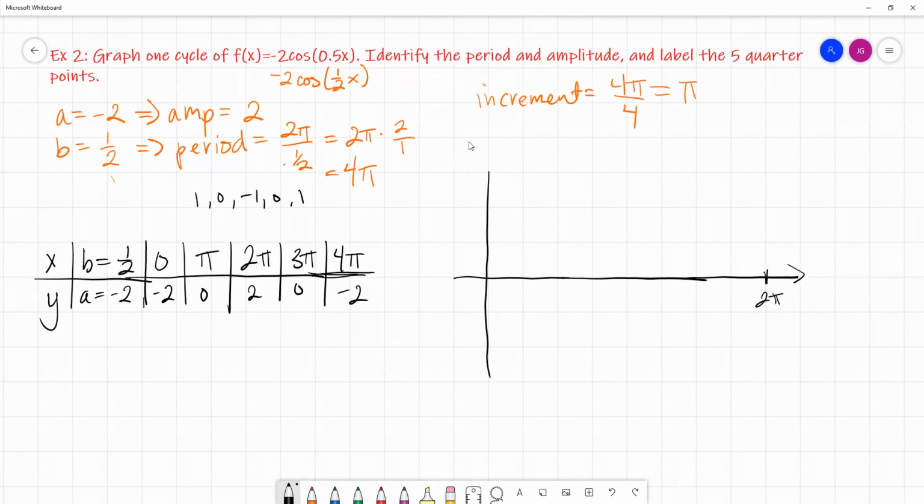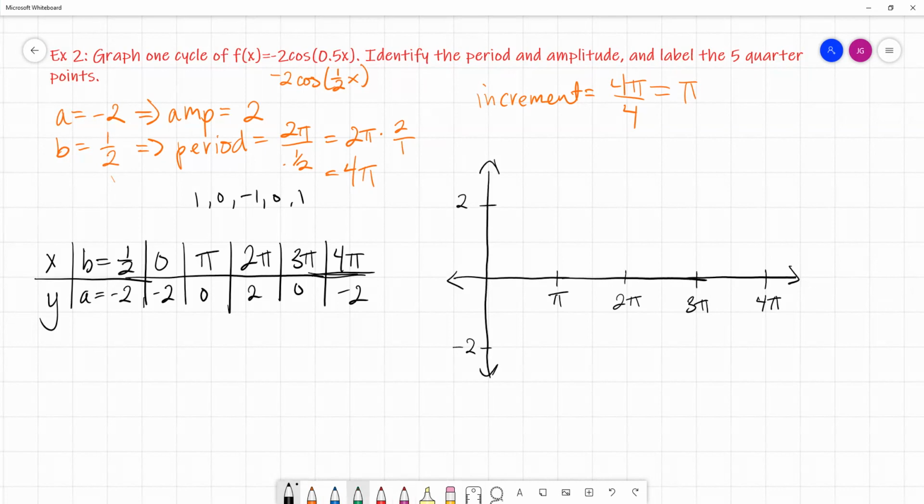Except I'm dumb and we're supposed to be going all the way up to 4 pi. So this is 4 pi. I apologize, I'm not thinking clearly here. There we go. So 4 pi, 3 pi, 2 pi, and pi. And then we have a 2, -2.